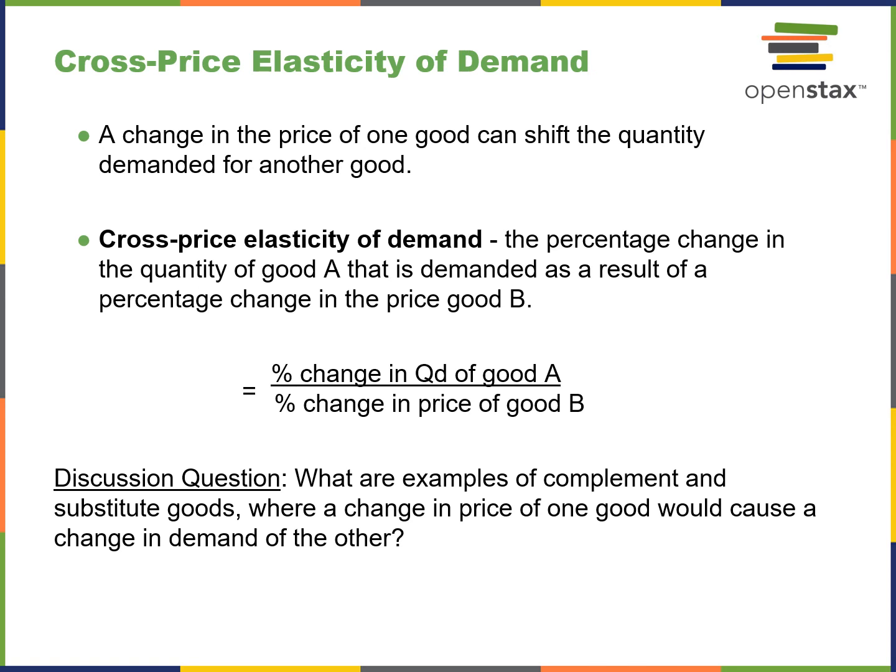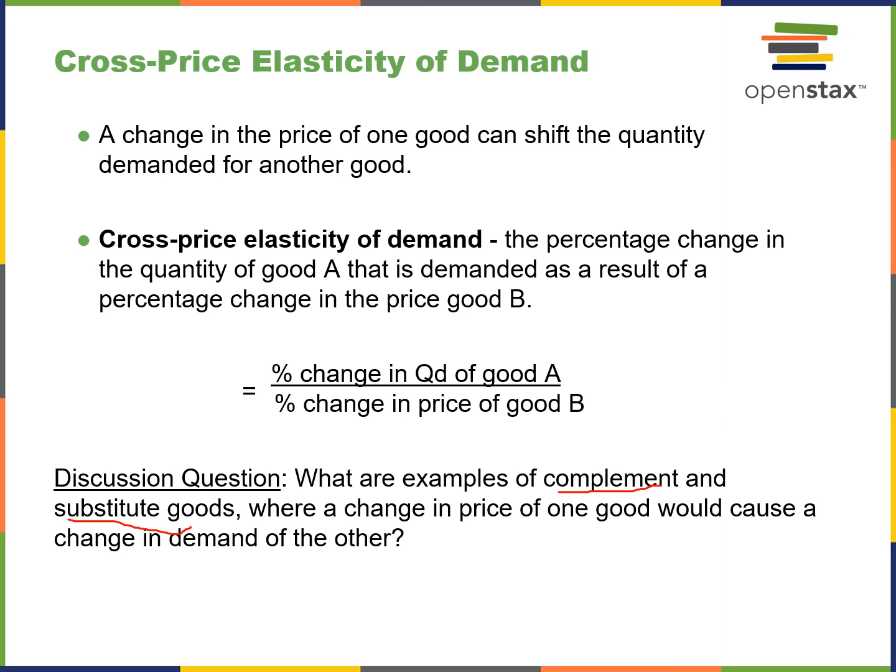Another measure we look at is cross-price elasticity of demand. They're looking at how the change of price on one good could shift the quantity demanded for yet another good. Cross-price elasticity of demand is the change in quantity of good A demanded as a result of a change in price of good B. This is the formula for how you measure that. You want to consider examples of complement and substitute goods, where a price change of one good could cause a change in demand of the other.